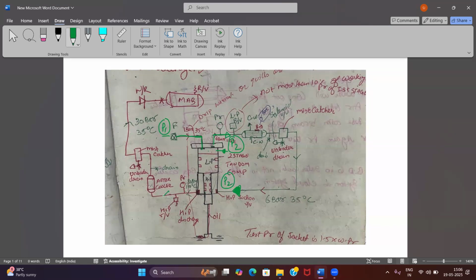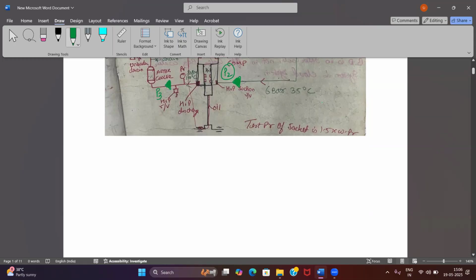And the third stage, what we want is how much? Onboard our ships, how much pressure do we want? 30 bar. P3 is 30 bar, right? So normally we design our compressors in such a way that their pressure ratio remains the same. That means P1 by P2 will be equal to P2 by P3.